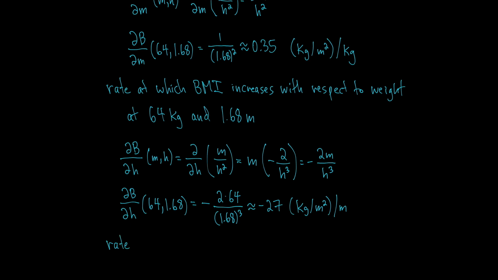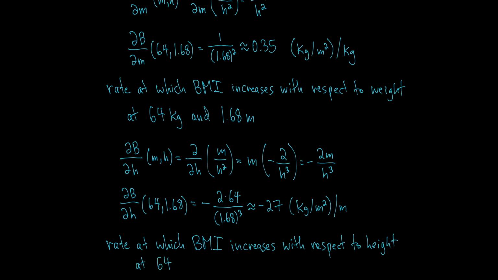So this is the rate at which BMI increases with respect to height at 64 kilograms and 1.68 meters tall.